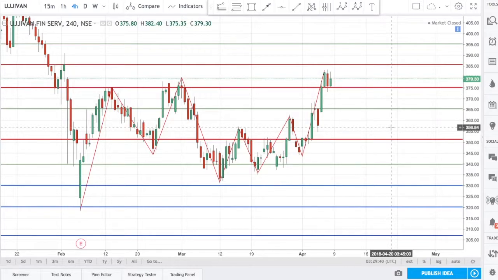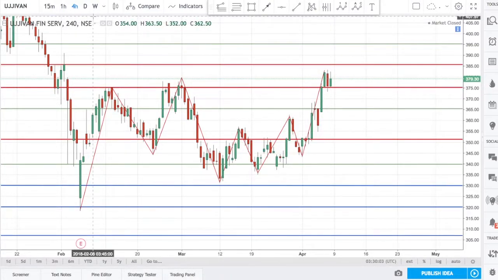What can you say of this? It's going nowhere. Am I correct? So this is consolidation, and we get advanced pattern opportunities in such sideways moves.